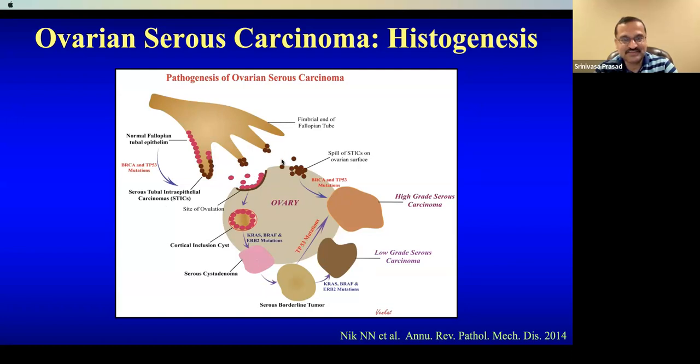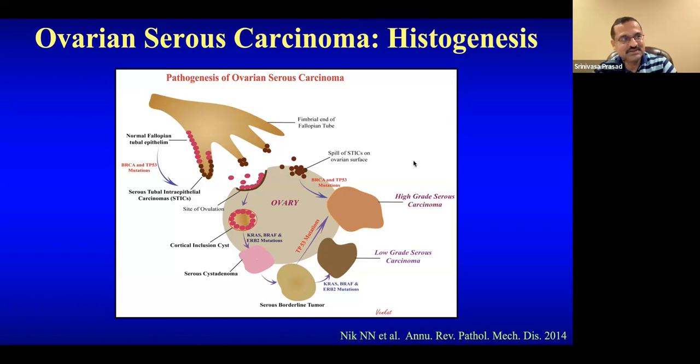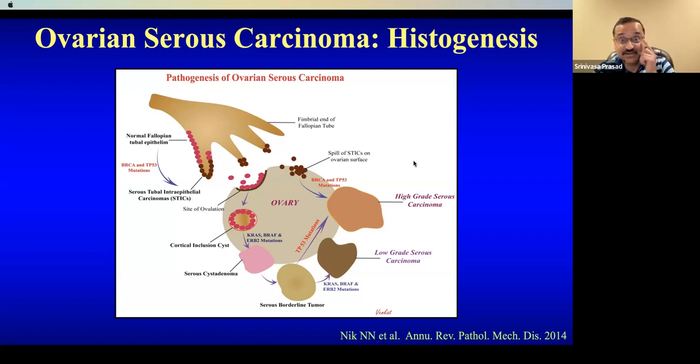So in essence, we were looking at the wrong end in these patients with hereditary high-grade serous cancers. Now it is the current understanding that almost all high-grade serous cancers in patients with BRCA syndromes or hereditary predisposition arise from the fallopian tube.